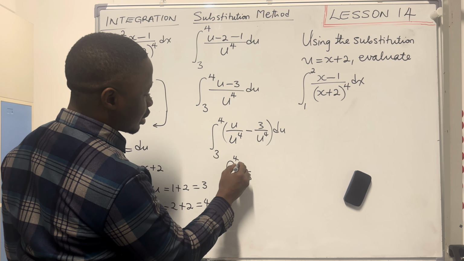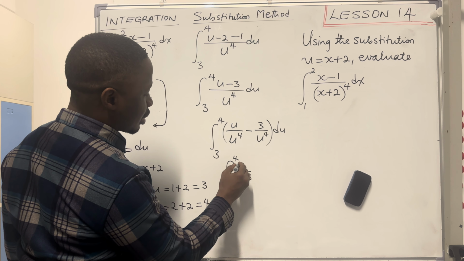Now from 3 to 4 again, this u goes up, minus 3. This goes up, minus 4. So now let's try to integrate as usual. How do we integrate? We add 1 to the power. Adding 1 gives us a new power of minus 2, so we divide by minus 2. This is minus 3. So here is minus 4.